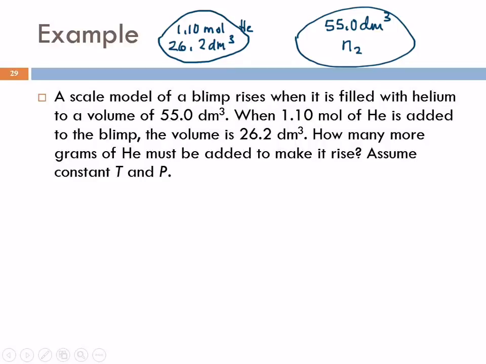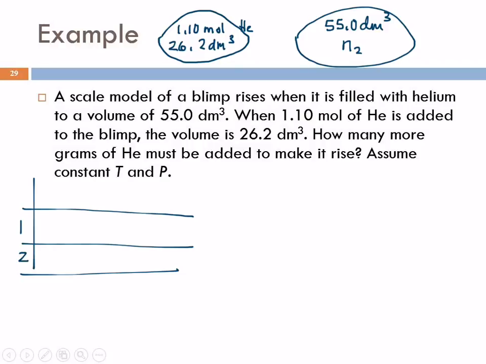So if we make our table, 1 and 2, and say the first set of conditions is 1.10 moles of helium, that's N, and the volume is 26.2 cubic decimeters, that's volume.